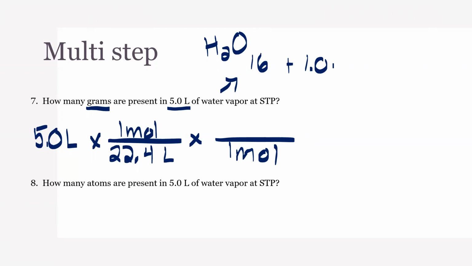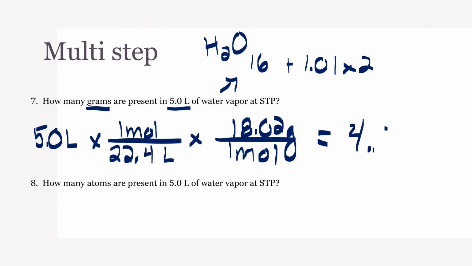Water has 1 of them. And then H is 1.01 with 2. So this means 18.02 is our molar mass for water. And we can divide 5 by 22.4 and then multiply it by 18.02. And after rounding, get that there would be 4 grams of water vapor if we had 5 liters of it.